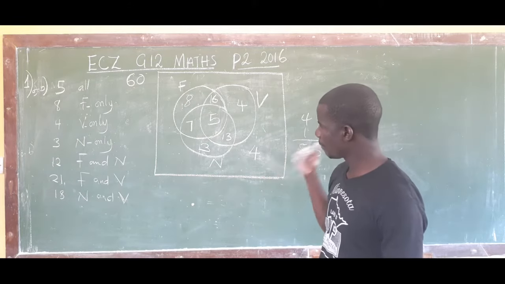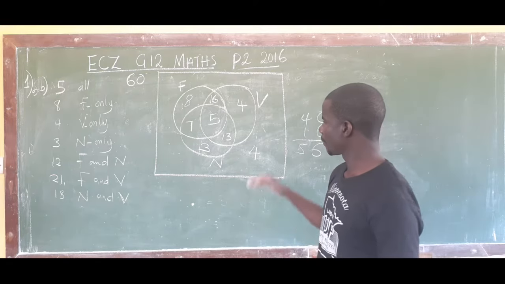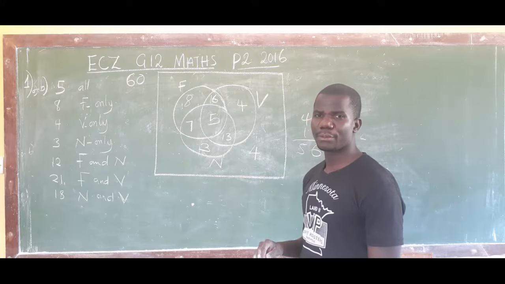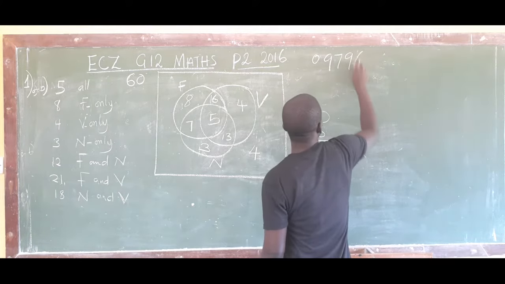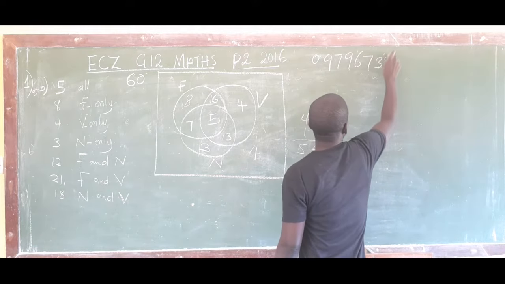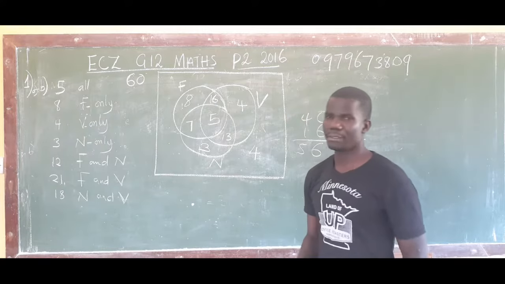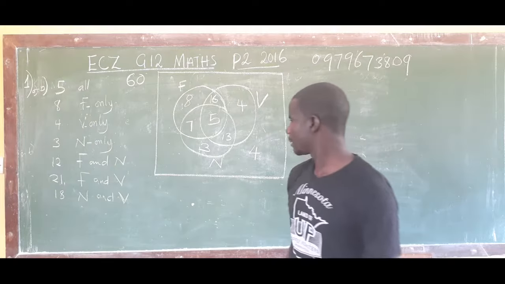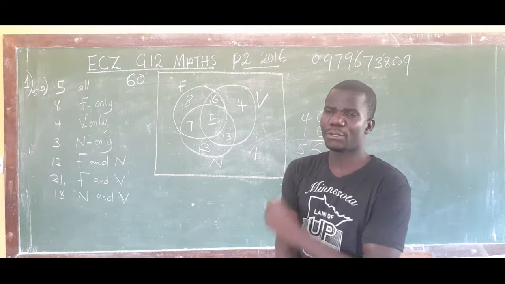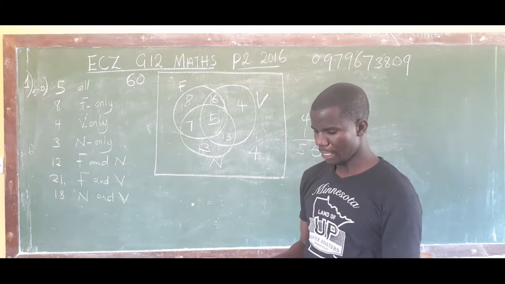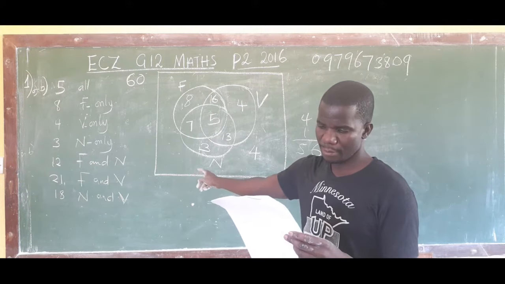So you should be paying attention, just in case there's an error that I've committed, you should be able to contact me so that we correct the errors. So this is how the information must be presented on the Venn diagram.